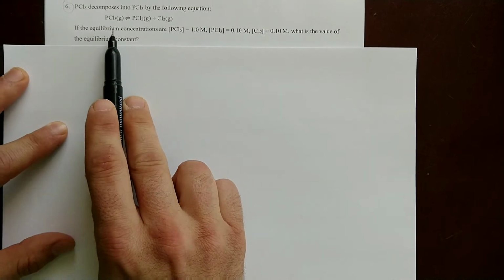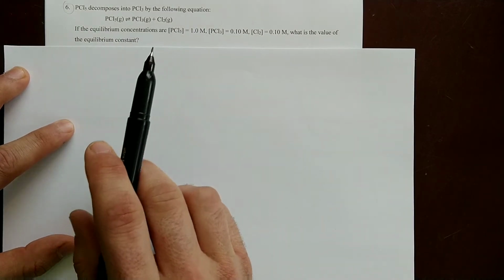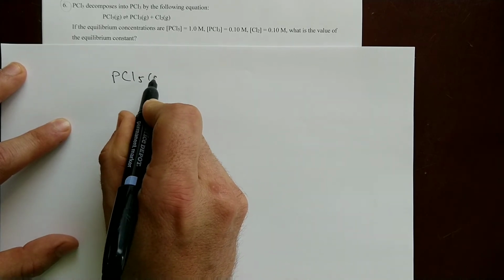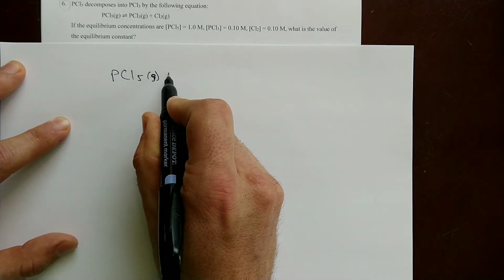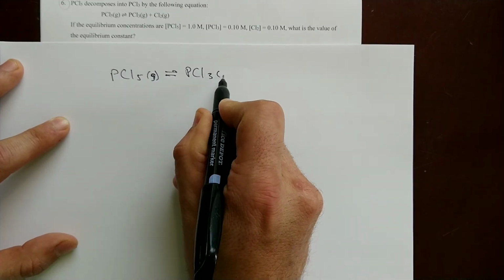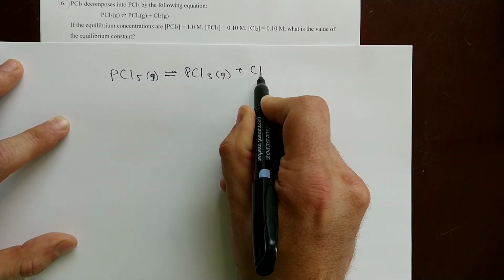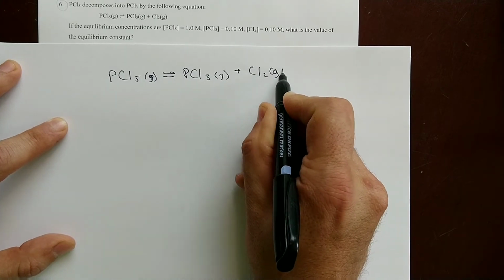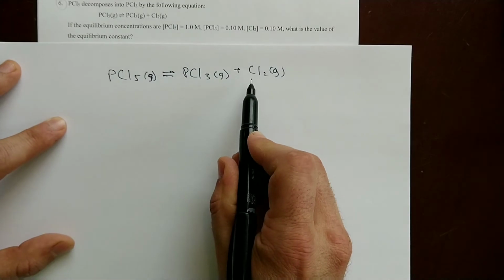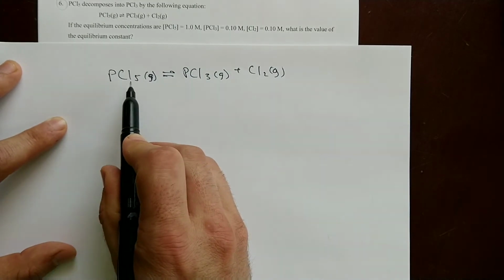So the problem says we've got this particular chemical equation, PCl5 in the gas phase reacting reversibly to form PCl3 and Cl2 gas. So this is just a bit of a decomposition reaction where PCl5 decomposes, or they can recombine into PCl5.